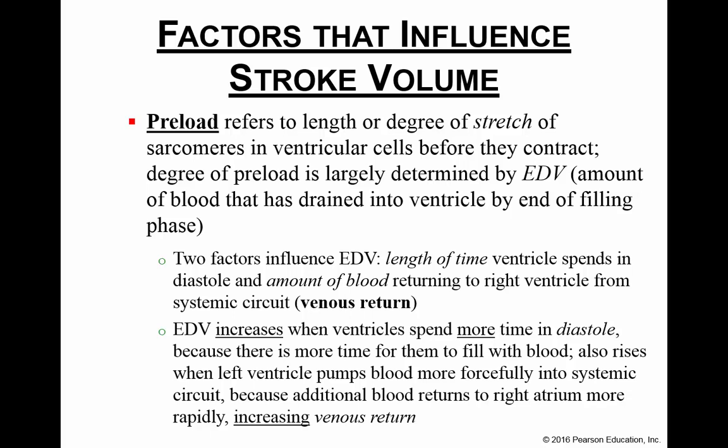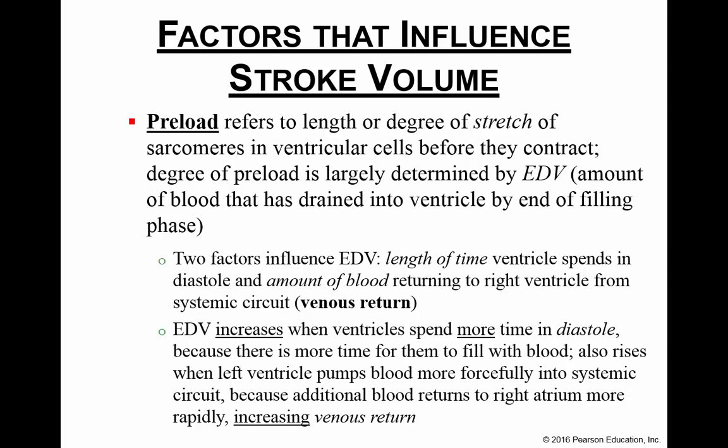The degree of preload is determined by your end diastolic volume, how much blood is drained into the ventricle in the filling phase. Two factors influence this end diastolic volume: how much time the ventricle spends in diastole and how much blood returns to the right ventricle from the systemic circuit, the venous return.